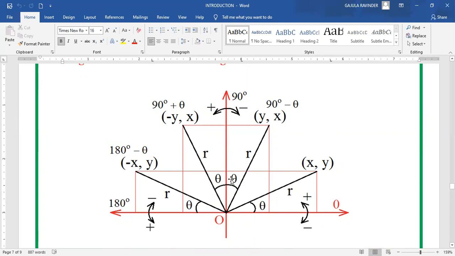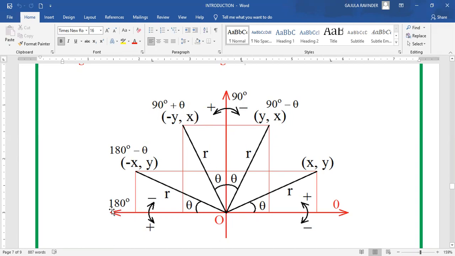Now I am taking theta in clockwise direction. So taking the same amount of angle theta in clockwise direction, the terminal ray will be taken as 90 minus theta. Why? Because this is 90 and theta in clockwise is added to 90. So this is the terminal ray of 90 minus theta. Whereas this is the angle theta added in counterclockwise direction, so this is the terminal ray of 90 plus theta.